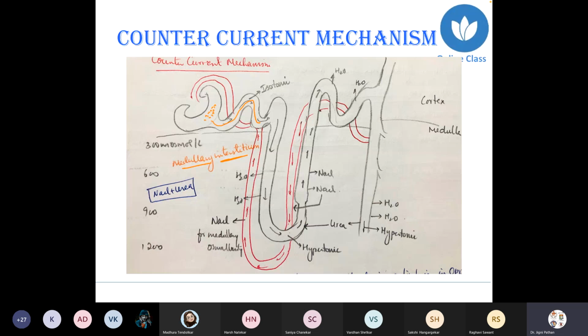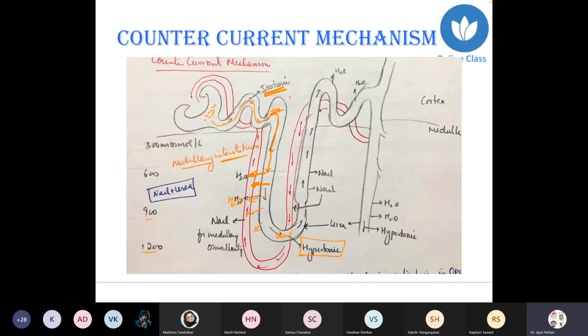Rishikesh, please listen. When the liquid filtrate is moving, here it is isotonic. Iso means similar to outside; the tonicity of the liquid is similar to outside here. Now, as the liquid moves downwards, where the salt concentration is higher, more water comes out. When more water comes out of the filtrate, it becomes hypertonic.